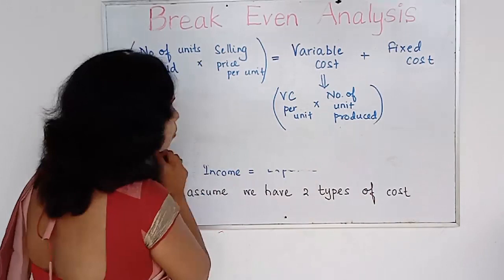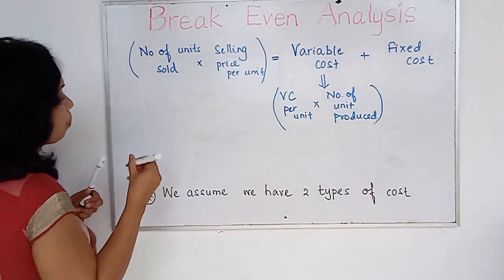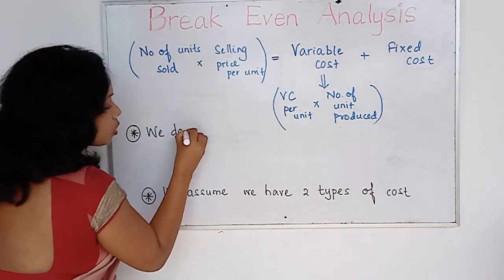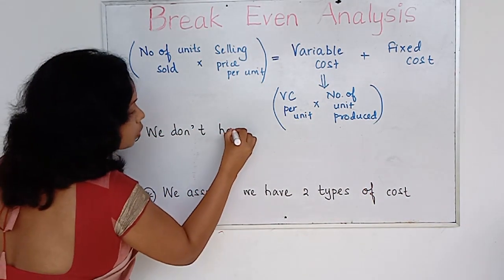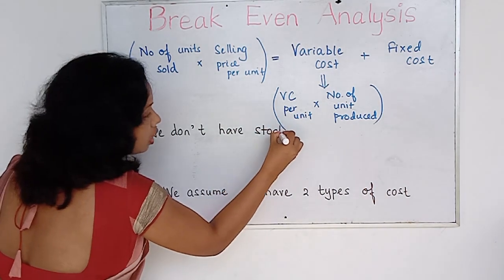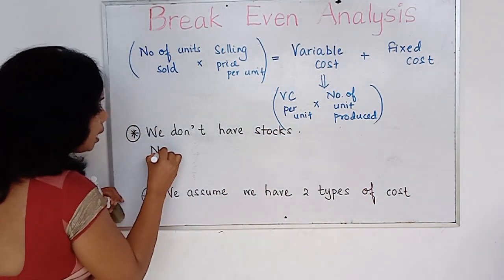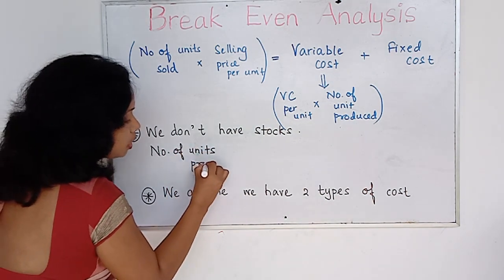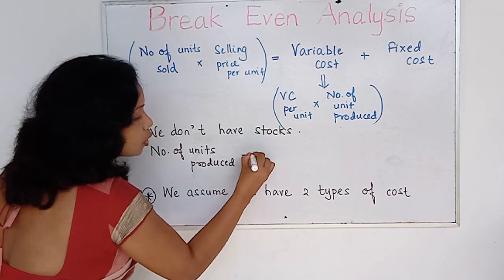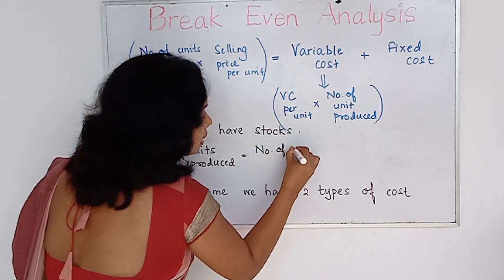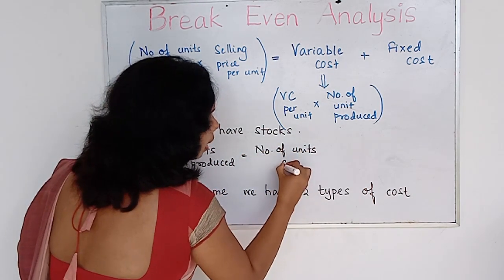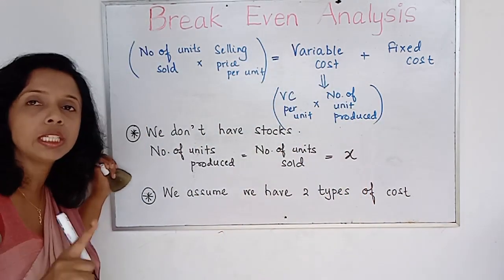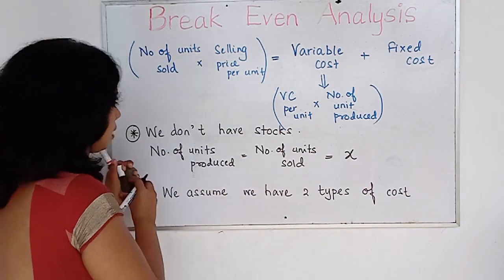So the number of units you produce should be equal to the number of units you sold. For my calculation purpose, I name it as X, right?